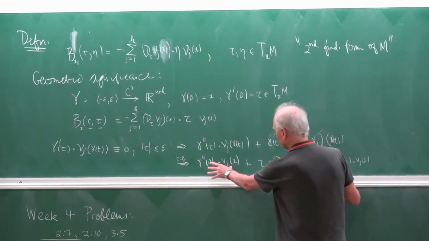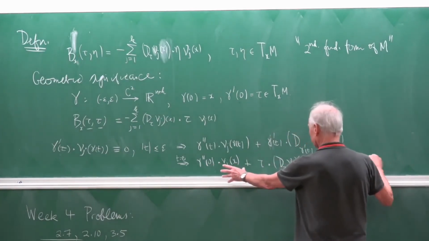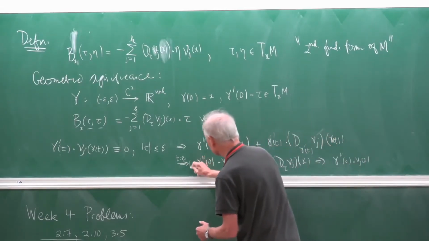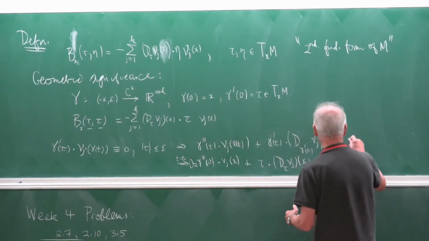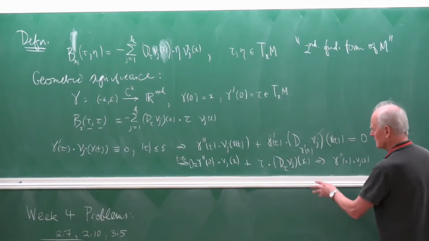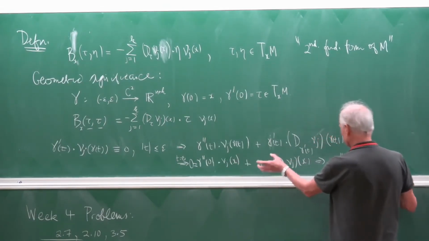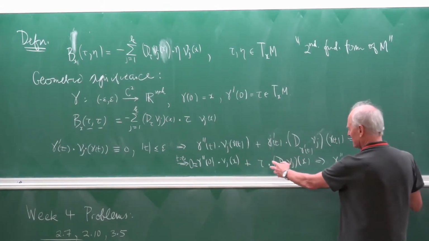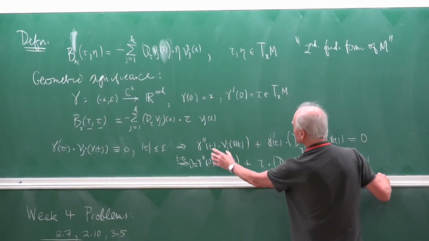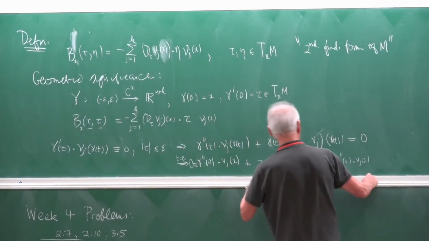Now, while we're at it, I'm going to take this onto the other side. So this is equal to 0, so 0 equals this. I'm going to take this term onto the other side, put a minus sign in front of it, and while I'm at it, let's multiply by nu_j and sum on j.